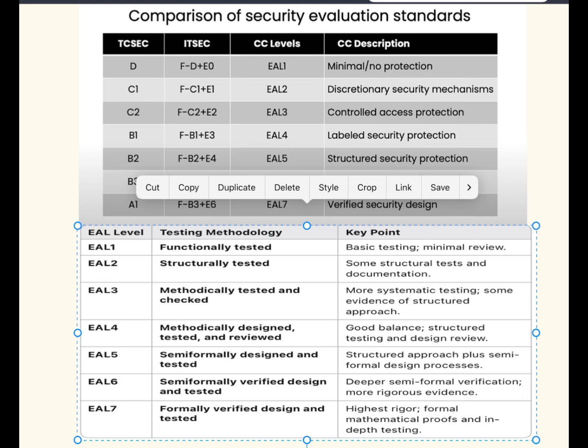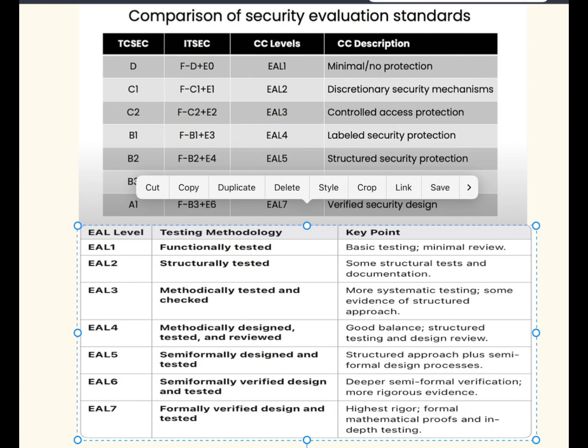Now the key takeaway: as you move up the EAL levels, the focus shifts from just testing the functionality to verifying the design itself, proving the security claims with formal methods like mathematical verification at EAL7.